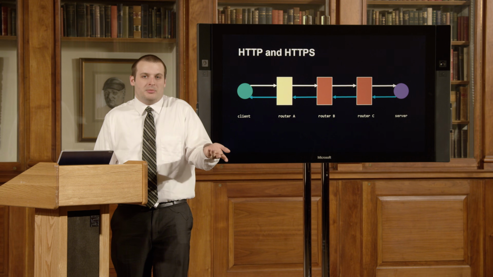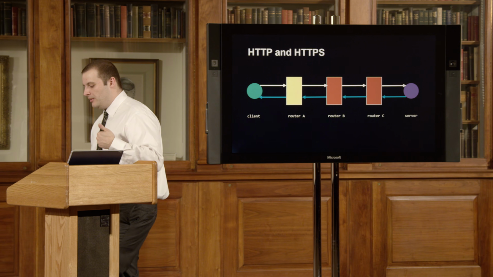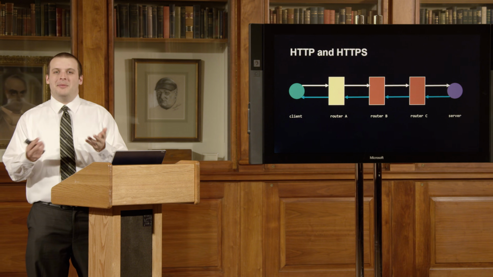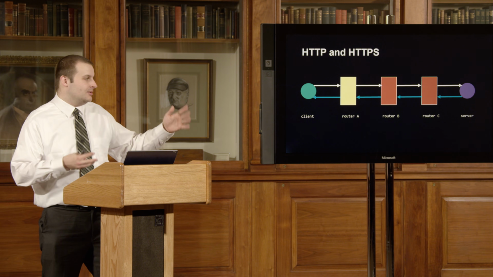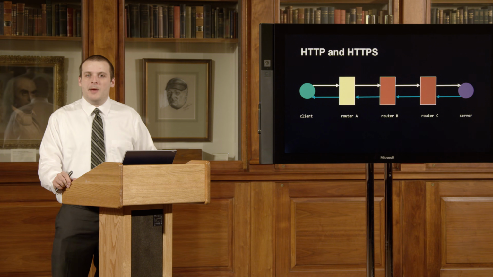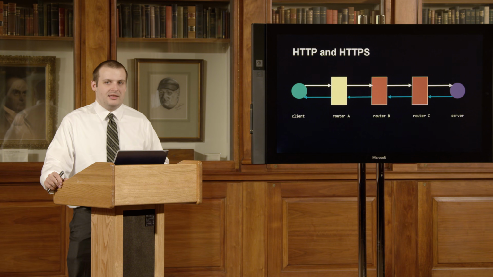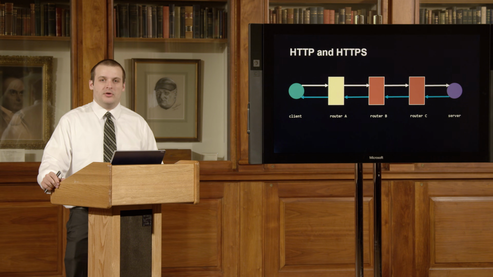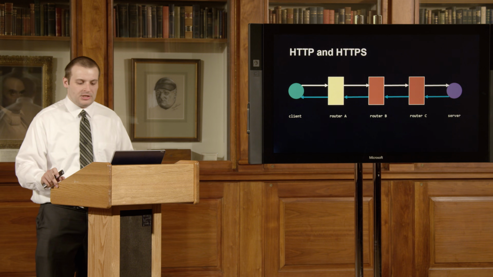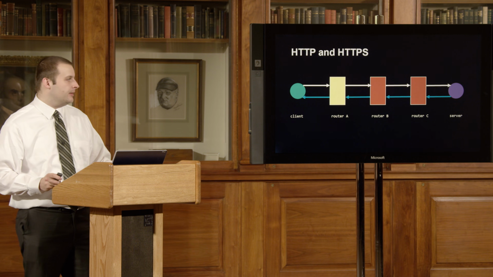A router is just a computer as well, so perhaps it was infected by an adversary with some worm that will eventually make it part of some botnet, and it'll eventually start spamming some server somewhere. If router A is compromised in such a way that an adversary can just read all the traffic that flows through it, and again, we're sending all of our traffic in an unencrypted fashion, then we have another security loophole to deal with.